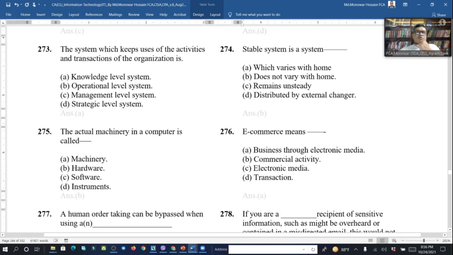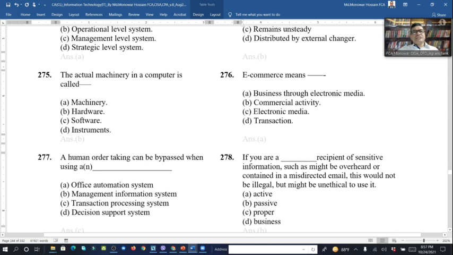The system which keeps track of the activities and transactions of the organization is knowledge level system. So knowledge level system keeps track of the activities and transactions of the organization. A stable system is a system that does not vary with time.